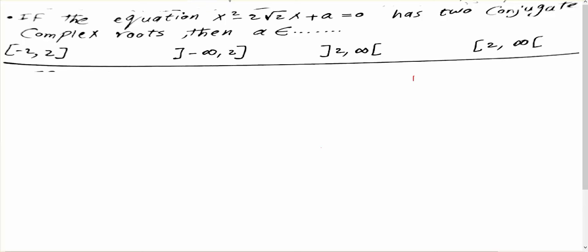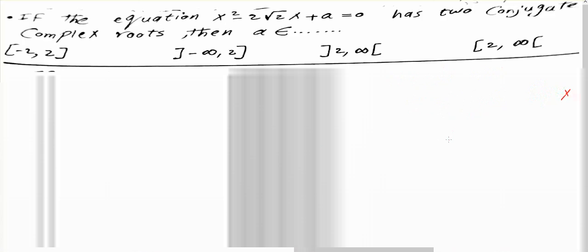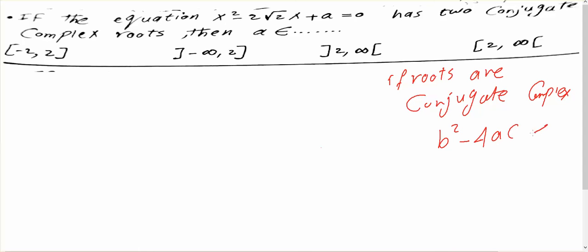We can say if the roots are conjugate complex, that means that the discriminant b square minus 4ac is smaller than or equal to 0.